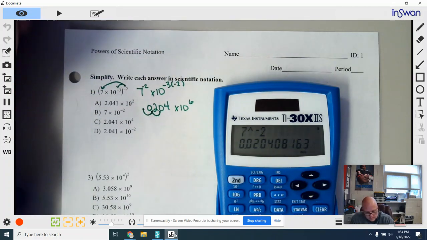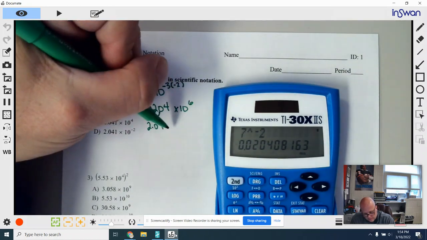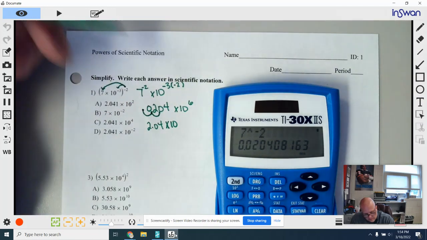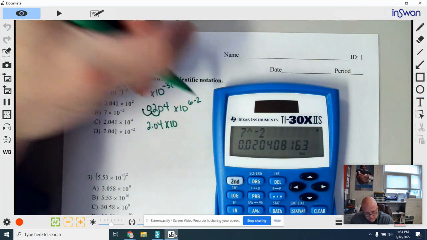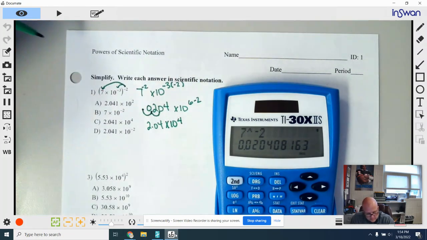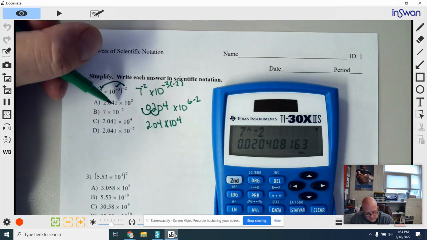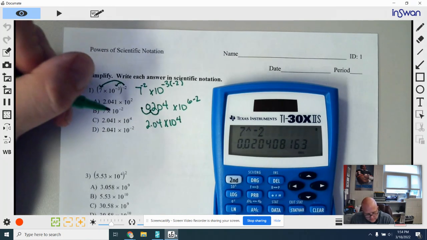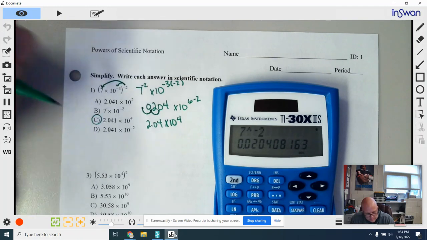It's less than 10, so that's where I need to be. So I'm going to write down 2.04 times 10, and because I moved it 2 spots to the right, I need to subtract 2 from that exponent. So 6 take away 2 is 4. Okay, come over here, check our answers. They went 1 digit beyond, so they rounded off and would put 1 more digit, but we see it does match up with letter C.